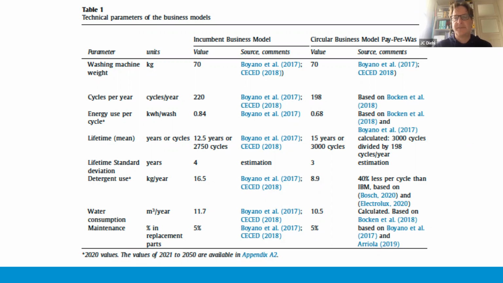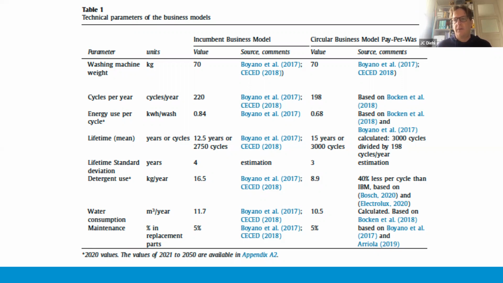Lifespan is expected to become longer, instead of 12.5 years, 15 years, due to the maintenance and the remanufacturing included in the service system. And then you see a big gain in the detergent use. Both Bundles and Homey are offering washing machines which have containers where you can put your detergent in the washing machine, so the dose will be done automatically by the machine.